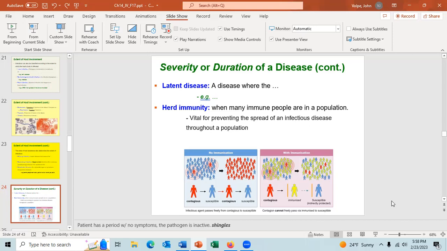That's why we call it the chickenpox. And then the virus goes latent. And it can go latent for decades, for many years. And then the virus activates, comes out of latency, and then causes disease again, which will be the shingles. All the time between the shingles and the chickenpox, the patient had the virus, but the virus was latent.